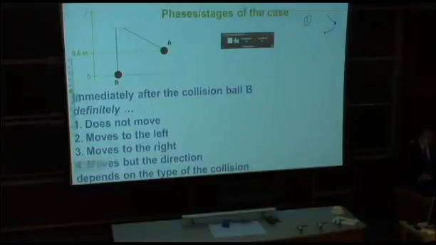If we neglect the air friction, we can apply the law of conservation of mechanical energy. So mgh initial should be equal to mv squared over 2 final. And of course, we set the final, the lowest position, to 0. So that's it. That's the first stage. It has nothing to do with collision yet.